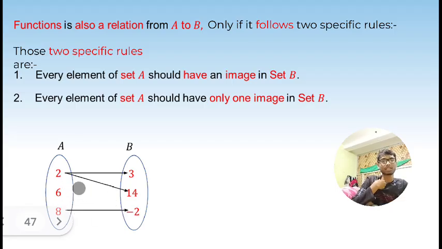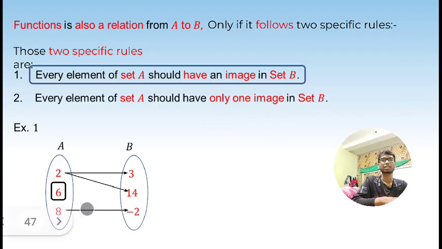So if we enter 2, it gives 14. For 6, there is no relation with any element of this set, so it will not be a function. So rule 1 is not being followed. Every input is not giving an output. Where is the output of this input 6? No. That's why this one rule is not satisfied here.